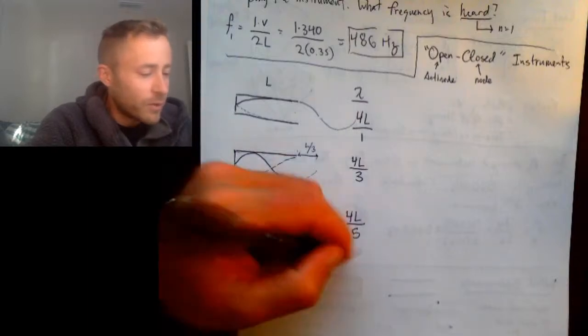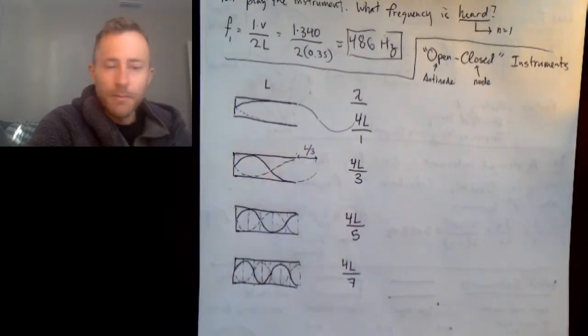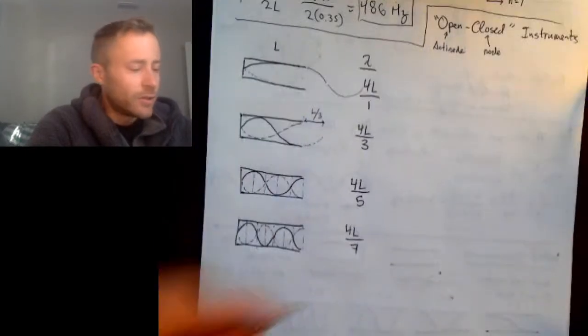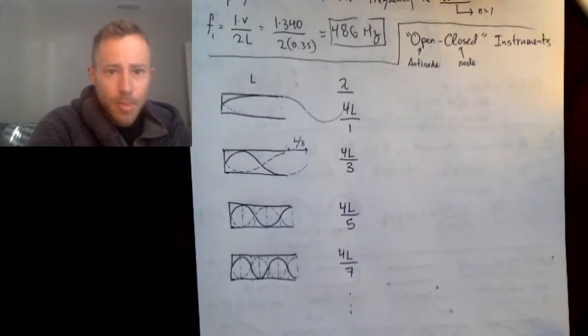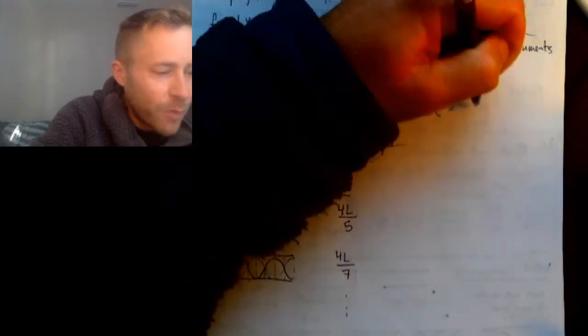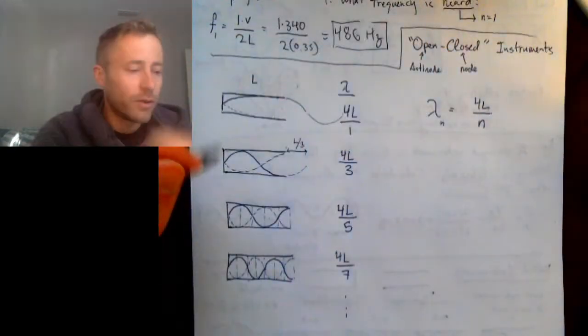So 4/7 the length of the instrument is a full wave. You can see that this continues. There's obviously a pattern, which is that the wavelength is 4L over N. So the wavelength of the harmonic is 4L over N.